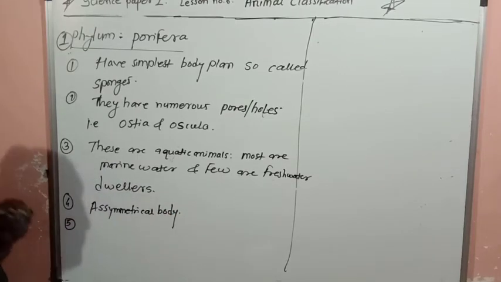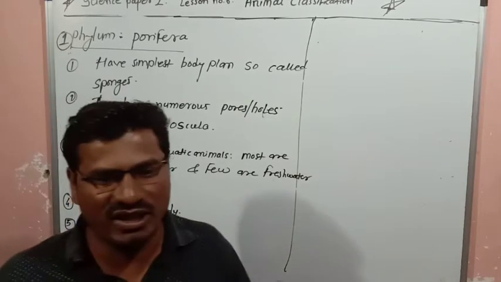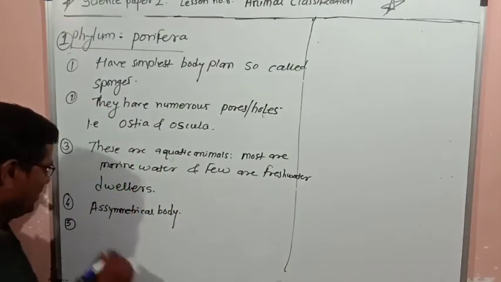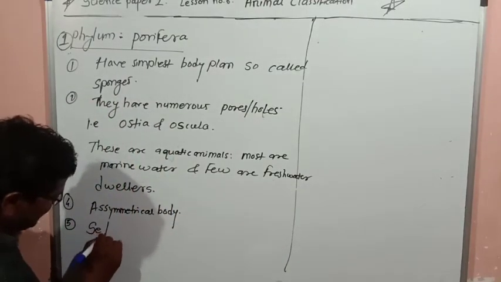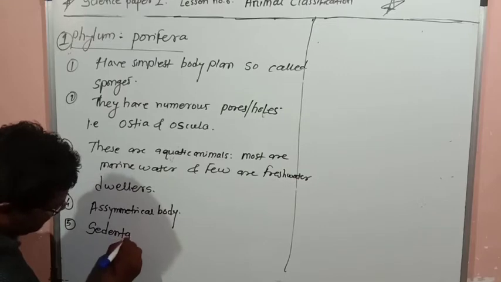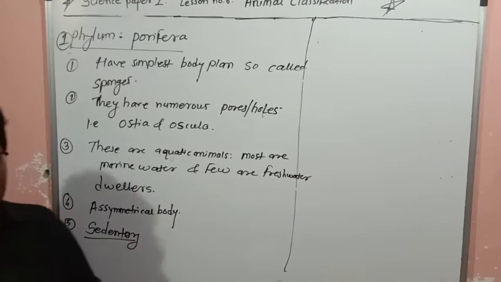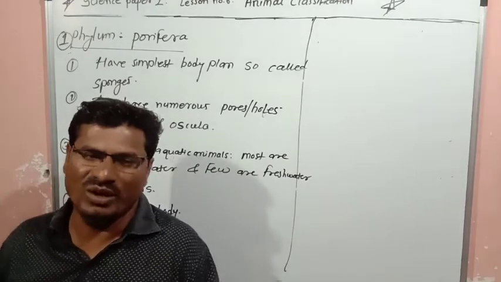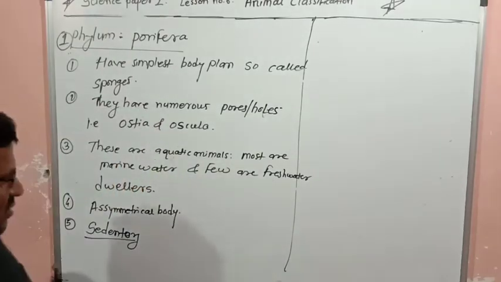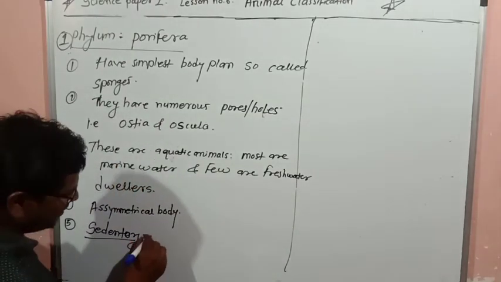The fifth one is that these animals are sedentary. What do we mean by sedentary? Sedentary means they are not moving from one place to another. Why are they called sedentary?